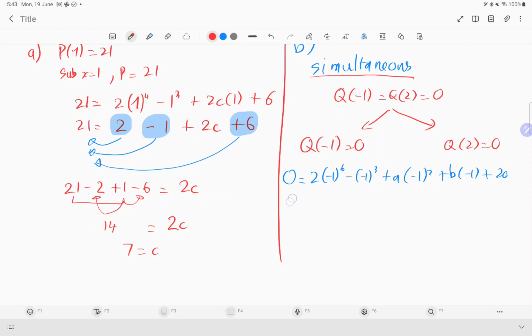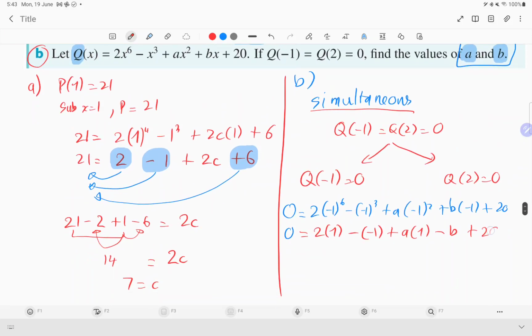So you simplify that. You would get something like, note that this one is only for q(-1) equals 0. So 0 equals 2 times (-1) to the power 6, which is just 1. So that's 2 times 1, minus (-1) to the power 3, which is 1, and then plus a times (-1) squared, which is +1, plus (-1) times b, which becomes -b, plus 20.